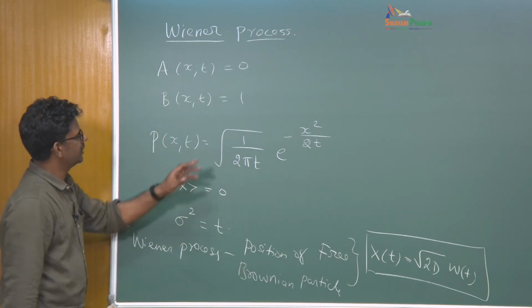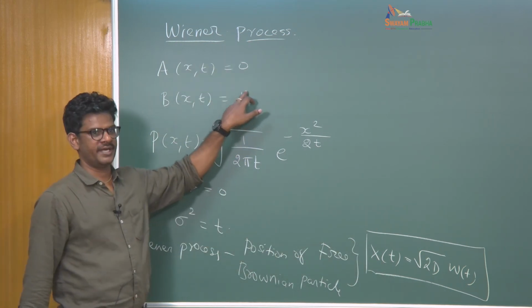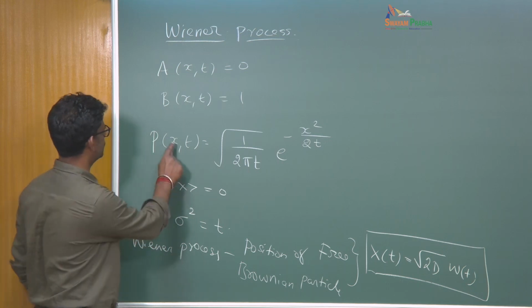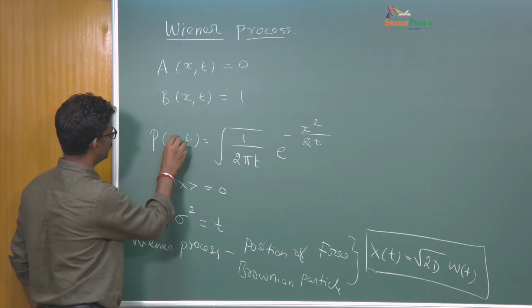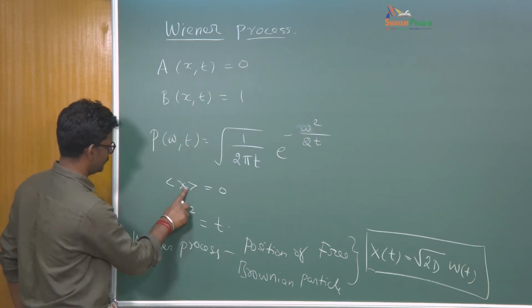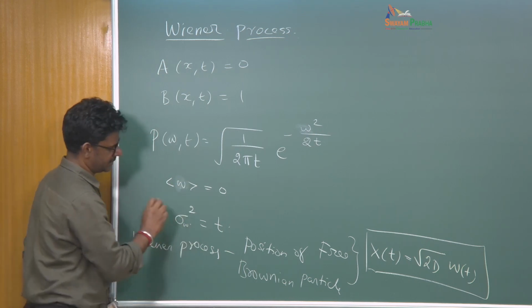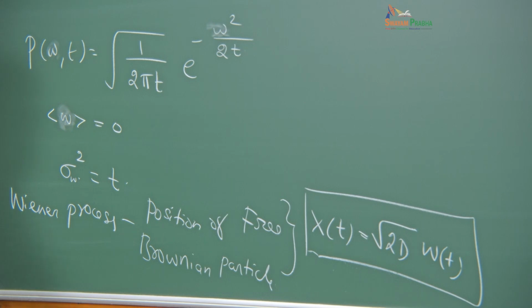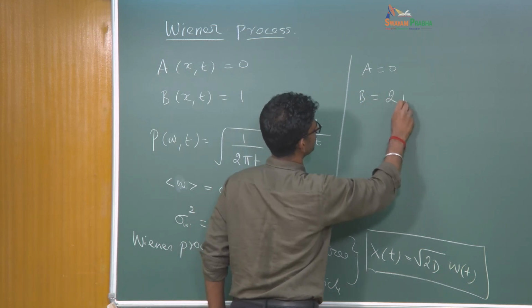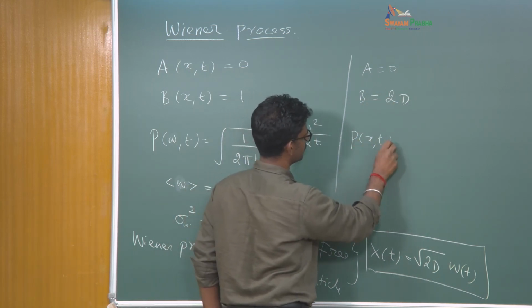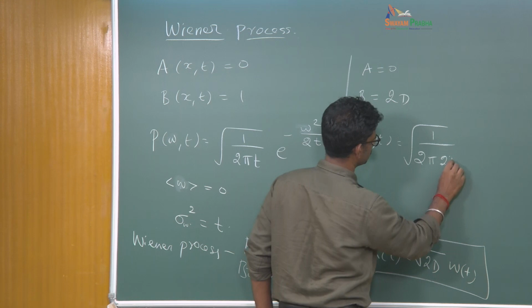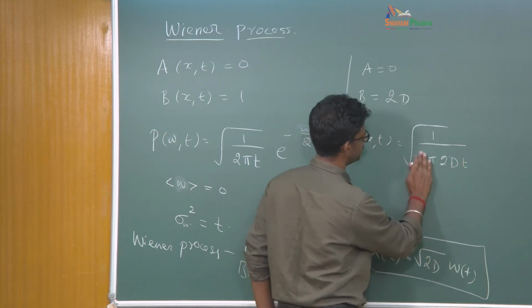Okay, or if you go back to this problem and then instead of 1, if you take 2D, you will get the expression for Brownian motion. Okay, so this is actually not p of x, it should be p of w, and so this also is mean w, like this. If you were to choose a as 0 and b as 2D, you will get p of x comma t, or basically 4 pi Dt.